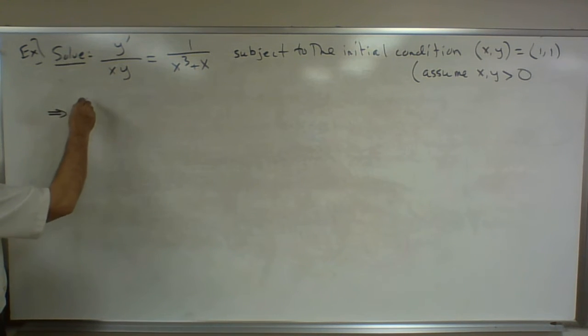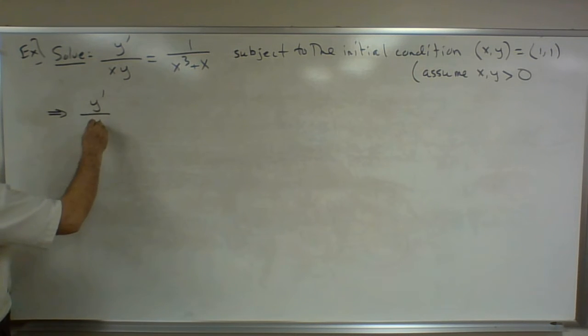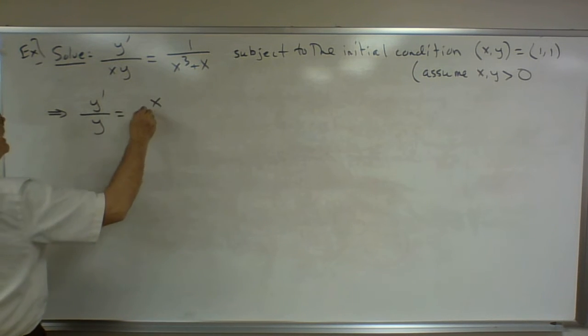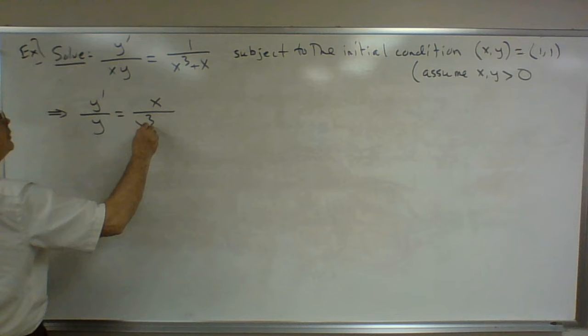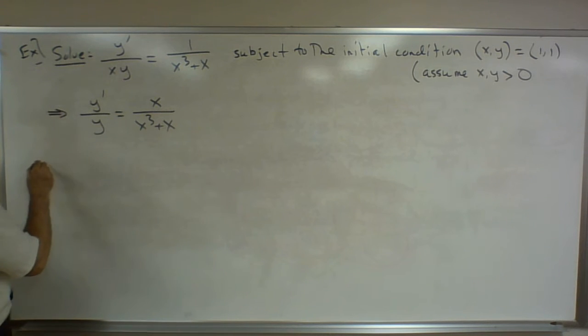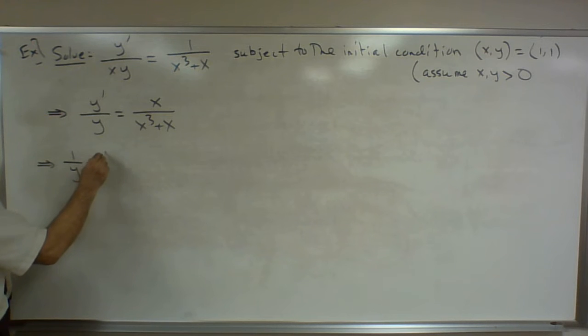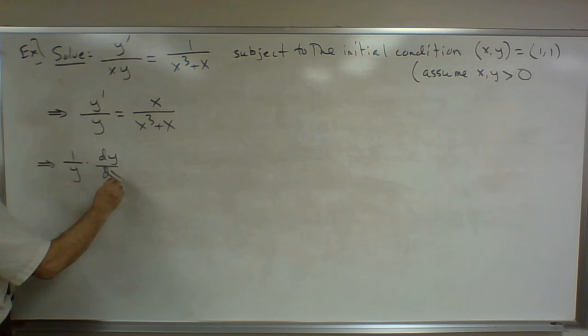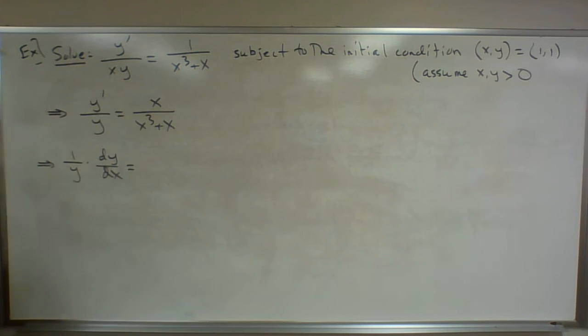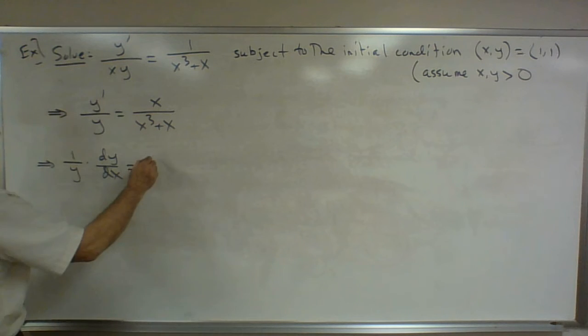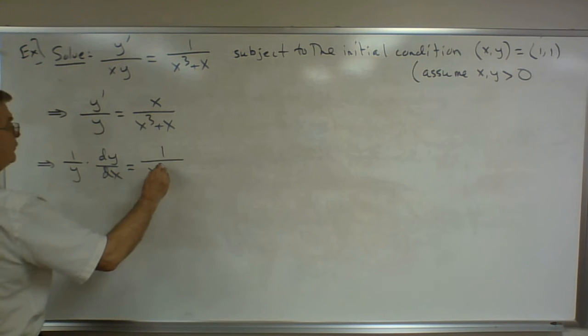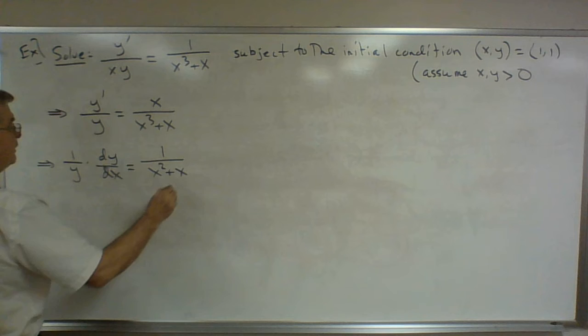Let's see. y prime over y equals x over x cubed plus x. And we can rewrite that as 1 over y dy dx equals 1 over x squared plus x.